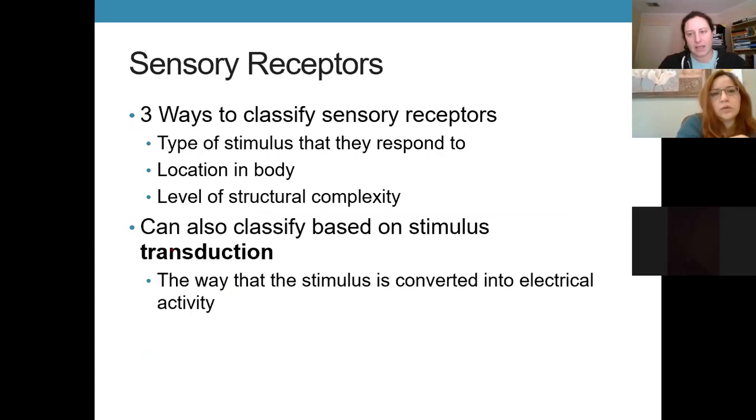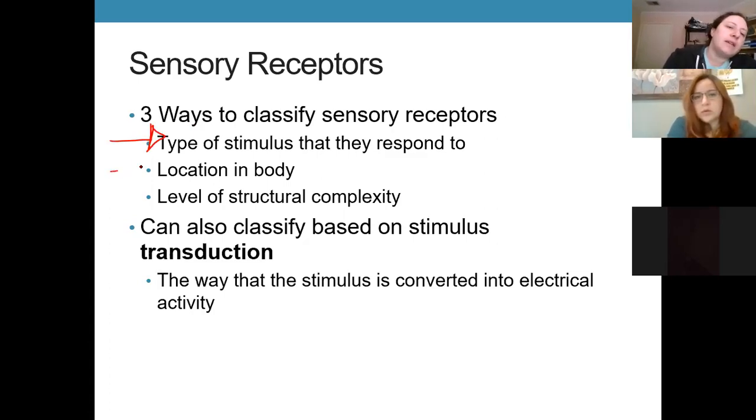Of course, as with anything else, we have different ways to classify receptors. And in the case of these guys, there's actually 3 different things we do. And like a lot of other classification schemes, all receptors are going to be able to be classified using all of the schemes. So one thing we can use is the type of stimulus that they respond to.